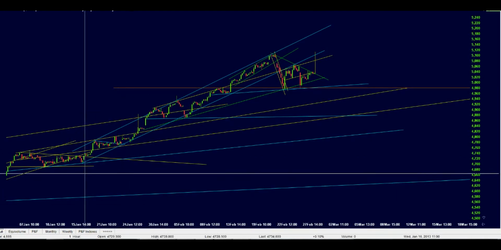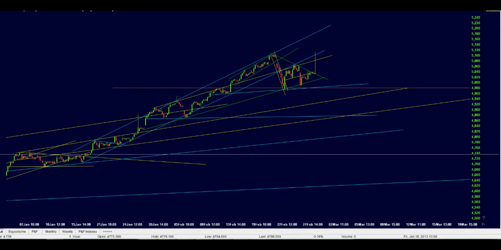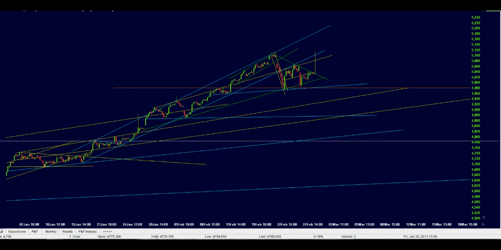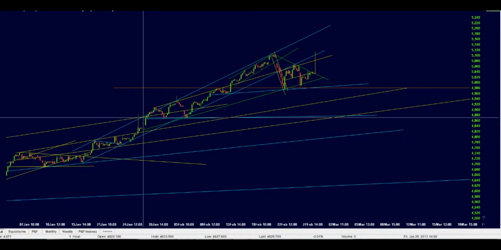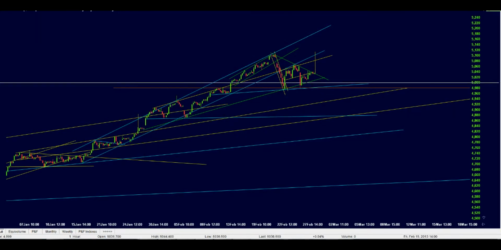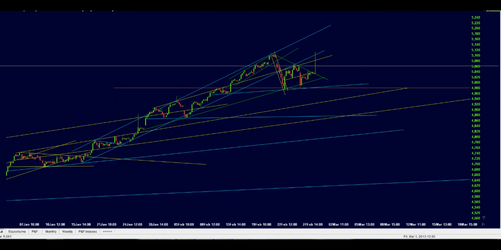Now, other than looking at this blue channel that we've been watching ever since the 15th of January, defined by this bottom blue line here and this top blue line, take a look at this bottom green line and then take a look at this yellow top line. It's almost as if the Asx200 has got another channel that is sloping upward.